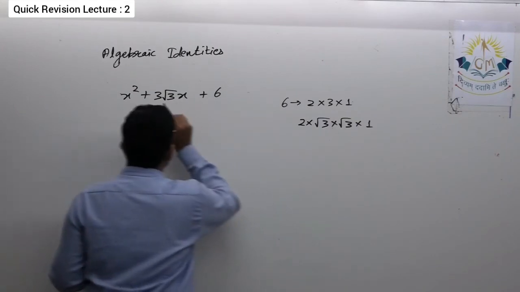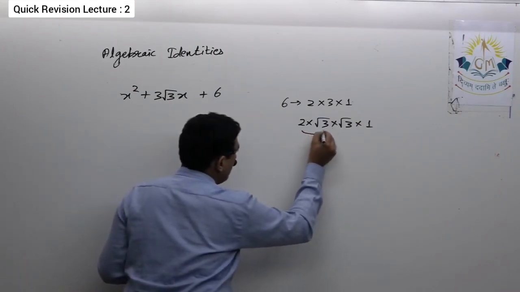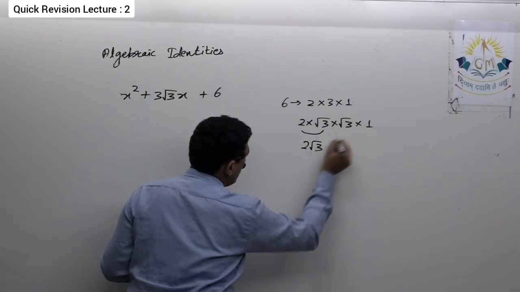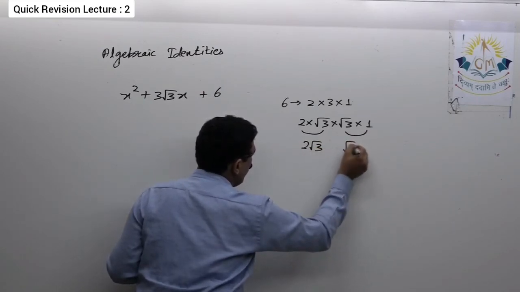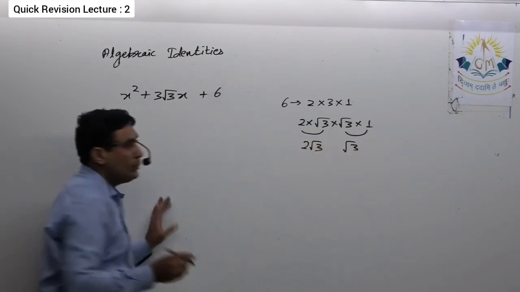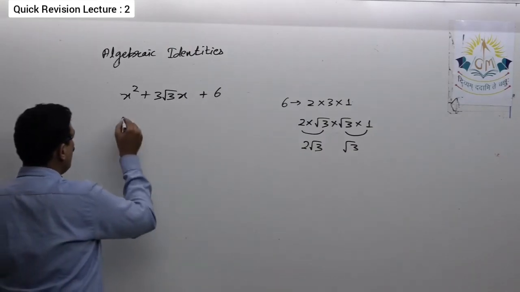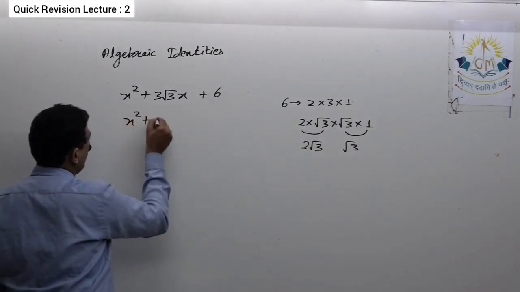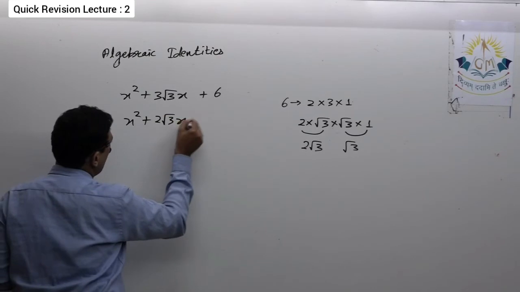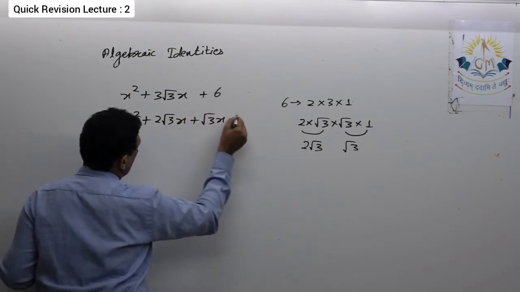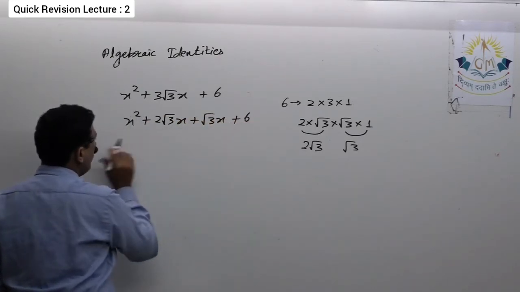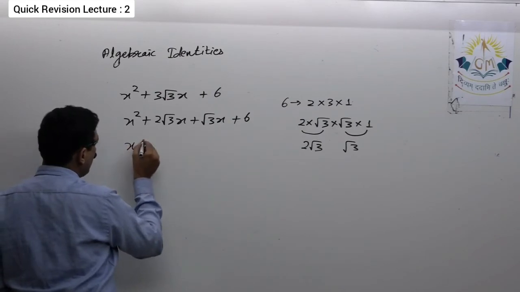So here, see, 3 root 3. So if I take these two together, so 2 root 3 and these two together is root 3. So 2 root 3 plus 1 root 3 gives me 3 root 3. So here x square plus 2 root 3x plus root 3x plus 6. From these two, I can take x common.